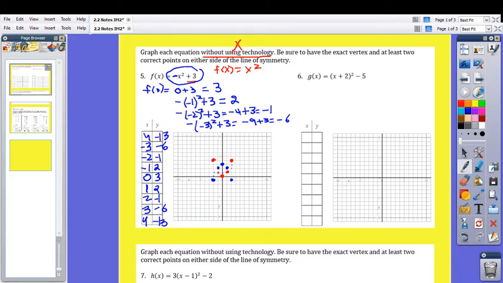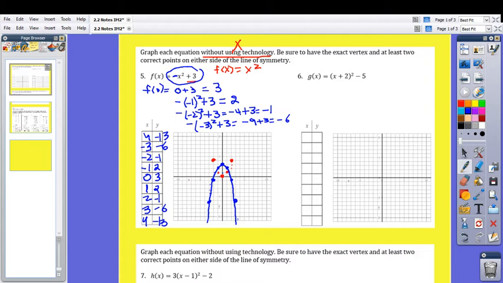Now for here, the next one we go 5 up, this one will be going 5 down. So 1, 2, 3, 4, 5, right here, and for this one right here. And if I draw it, this is how my parabola will look, and this is an upside down parabola.